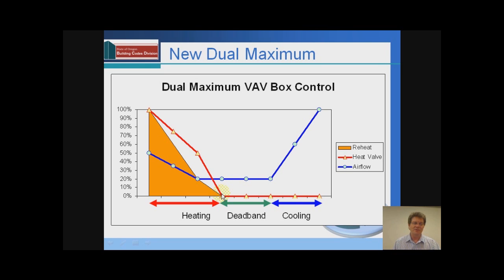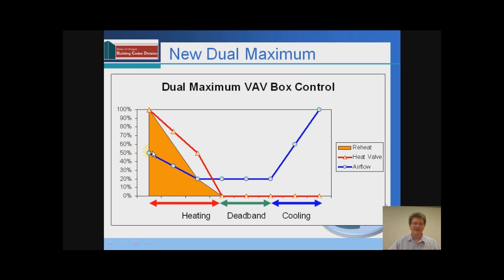And then when heating is required, I begin to open my heating valve until I reach a maximum discharge air limit, or until the sequence calls for the airflow to increase, and then I increase my airflow until I hit 50%. So this is the new requirement.